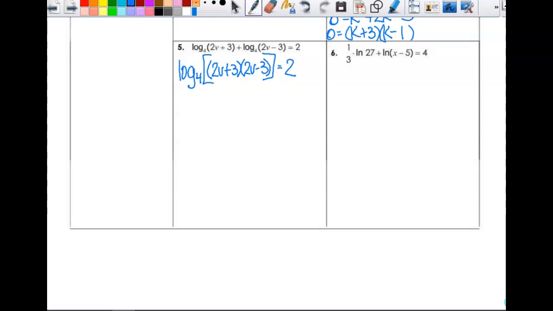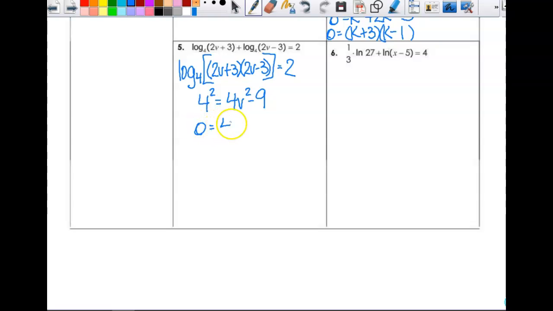I can go ahead and rewrite and make this 4 to the 2nd power equals these 2 multiplied together, which I can go ahead and multiply when I take them out of that. Is that going to be pretty easy to multiply? Yes, because that's a difference of squares. So this is 4v squared minus 9. Right. 4 squared is 16, and then I have a quadratic, so I need to move it over.